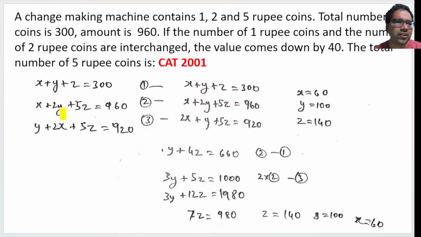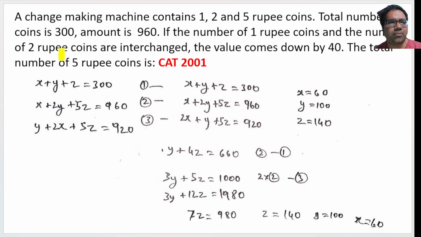For example, if there are 50 coins, the value will be 100. If there are 100 coins, the value will be 200. And z coins of 5 rupees, what is their value? z into 5. If there are 50 coins of 5 rupees, then the total will be 250. So 5z. Right. Now this total is 960.